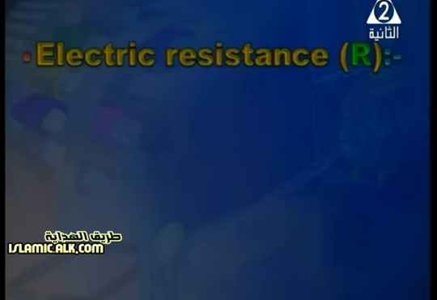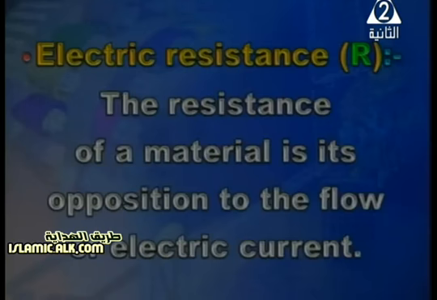It is denoted, as I said, by capital R and measured in ohms. Kilo ohm, to convert it into ohm, is multiplied by 10 power 3, and mega by 10 power 6 to convert it into ohms.